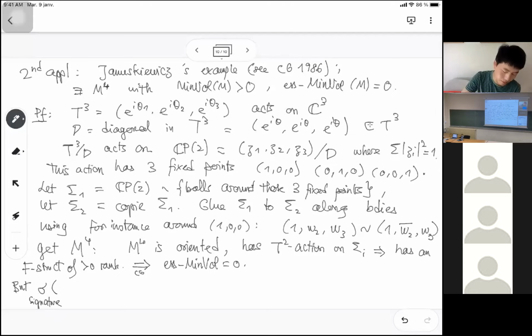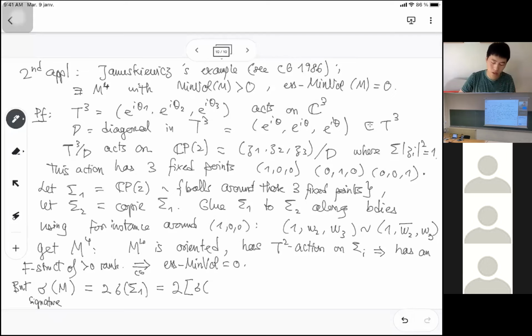Anyway, it can be computed when you have a decomposition of your manifold into several pieces. It's additive, actually. So the signature of M is 2 times the signature of Σ1, which is equal to the signature of Σ2, which is, you remember Σ1 is nothing else than the projective space to which you remove 3 balls.